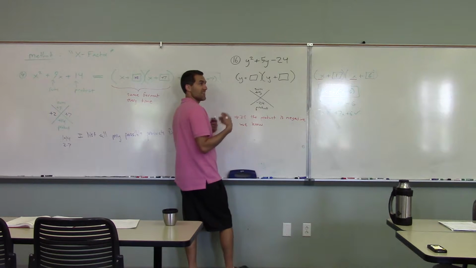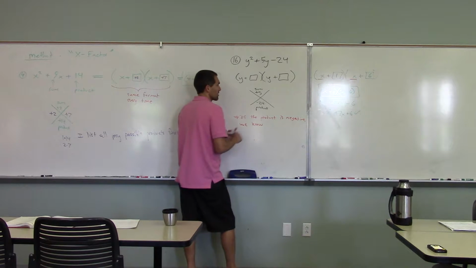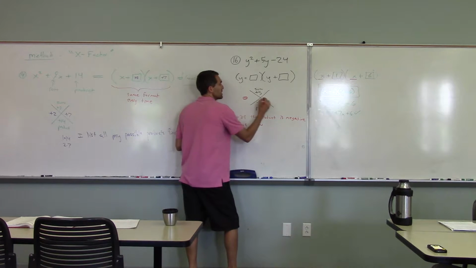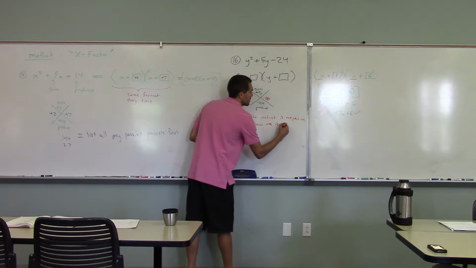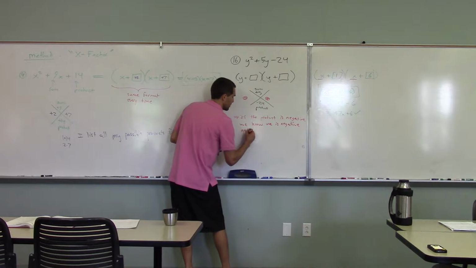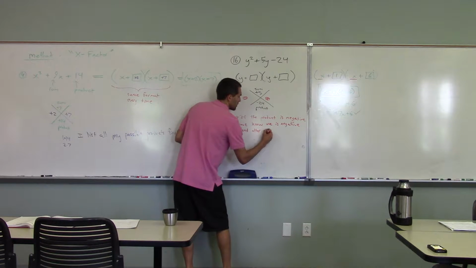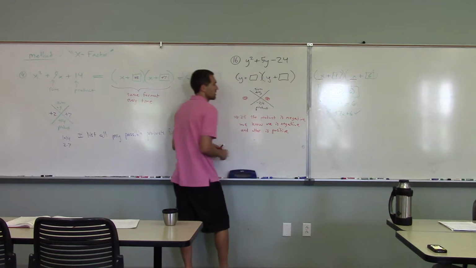And a positive number. Yeah, and the other is a positive. Great, okay? So we know one is a negative and one is a positive. Okay, that's a big thing to look at first, okay?